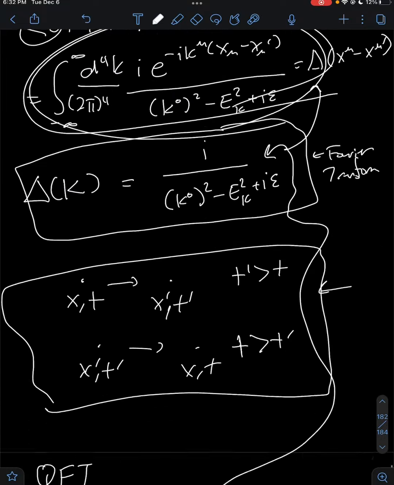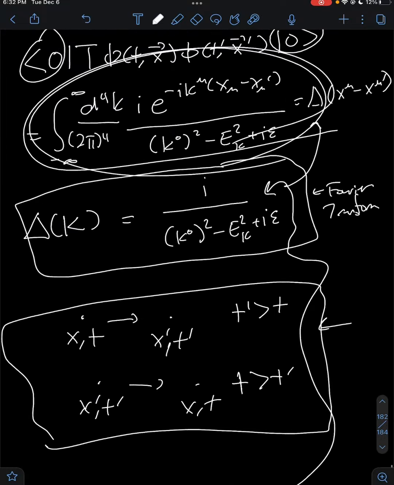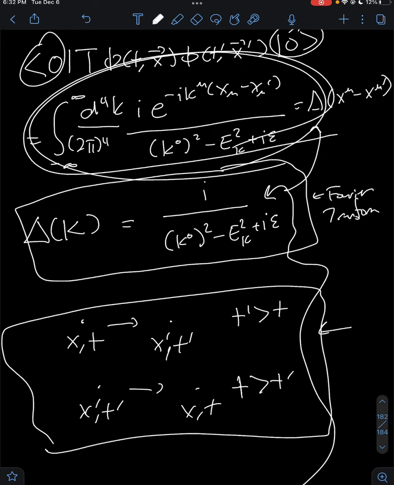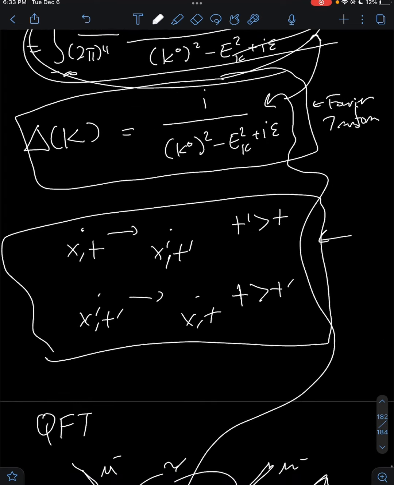The propagator represents an amplitude, not an actual quantum state. I mean, quantum states themselves also represent amplitudes, but that's only when we actually take the inner product of those states together. So they tell us information about amplitudes, but the propagator itself isn't representing a particle. So that's an important thing to know.